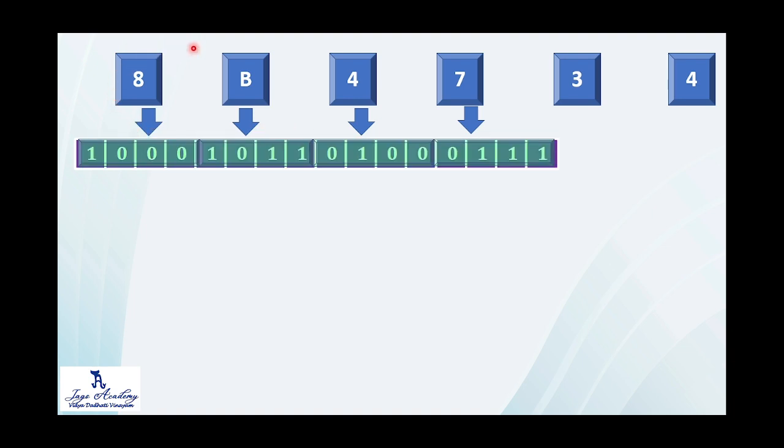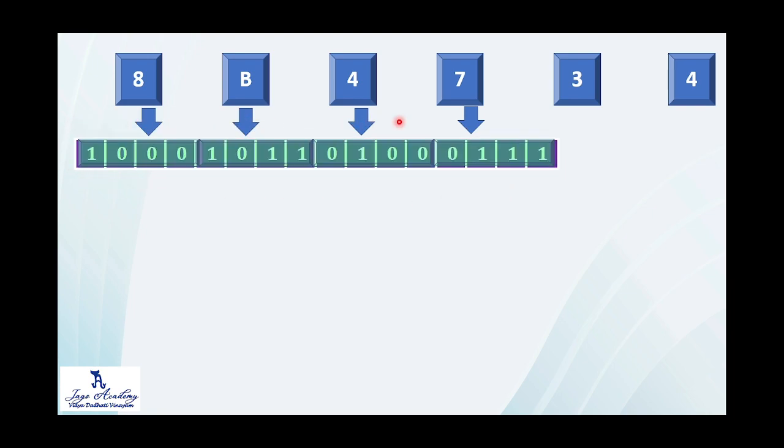Now first try to elaborate this 8B47 in its binary form. So 8 is 1000, B is 1011, 4 is 0100, 7 is 0111.